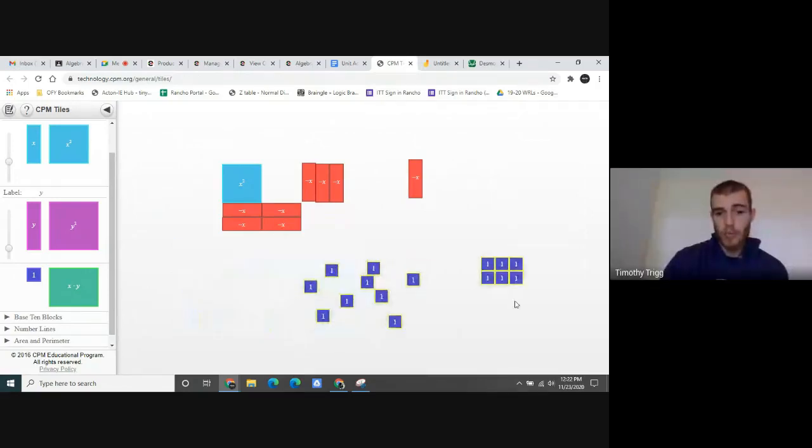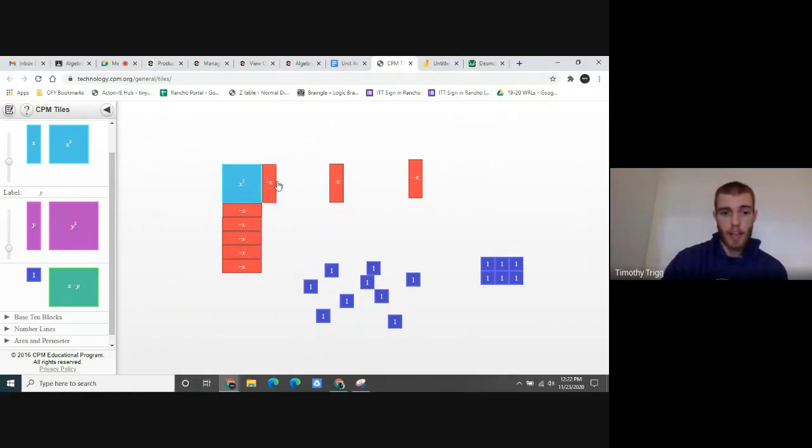So let's see if we can make a perfect rectangle using these here. Well, one of the tricks we can use, since I know this is 15 here, I could think about what two things multiply to give me 15. Well, in our case, it's just 1 times 15 or 3 times 5. Let's see if I can organize these in such a way that I can get that 3 times 5. So I could put maybe 5 of these down here, and then the last 3 of them along the side here.